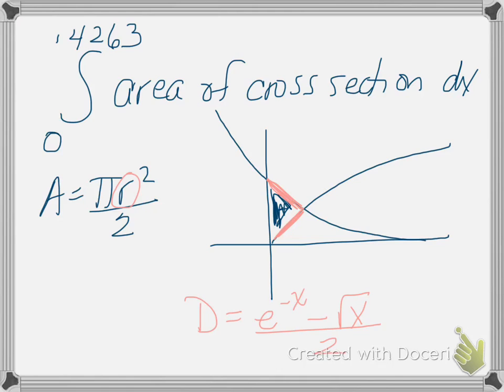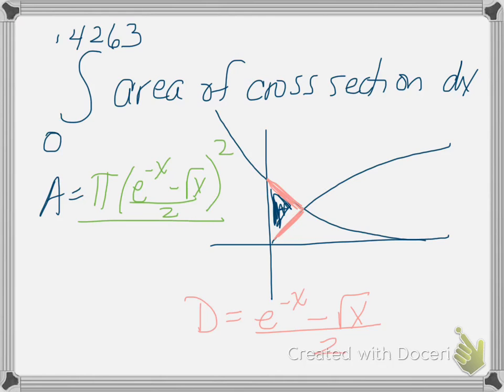Okay? So I'm just going to erase this part. Okay, so we're going to have pi r, which is that big mess, pi r squared over 2. So this piece is the area of the cross-section.